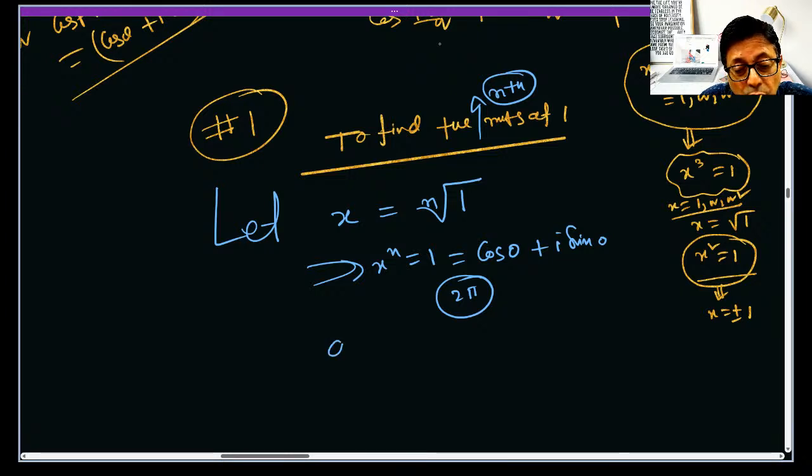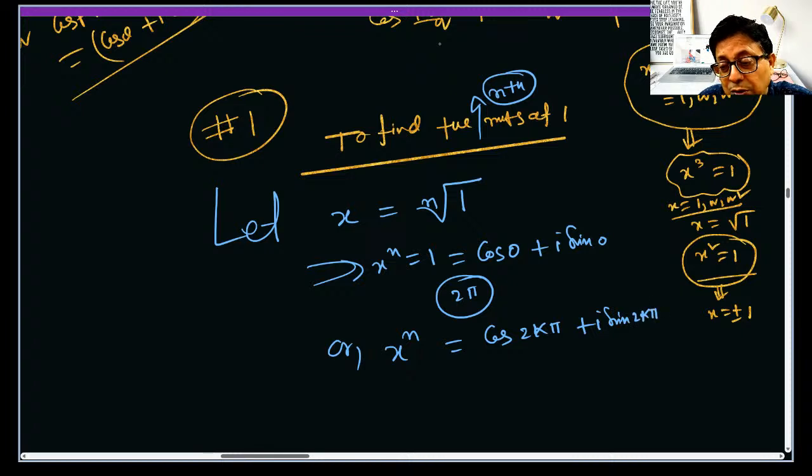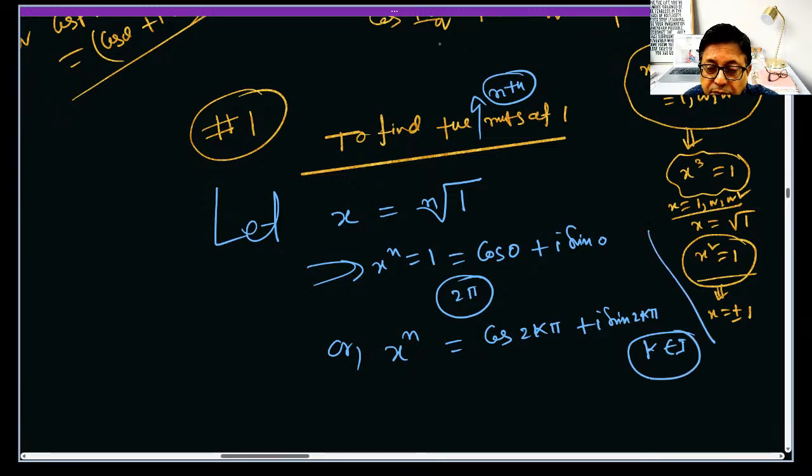So you can write x to the power n equal to cos 2kπ + i sin 2kπ, k belongs to the set of integers. Okay?